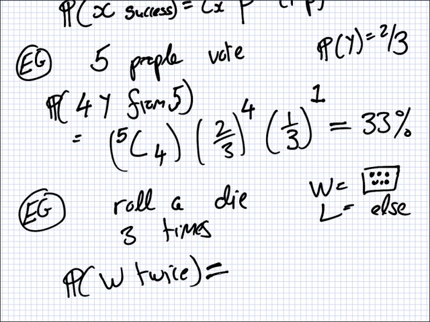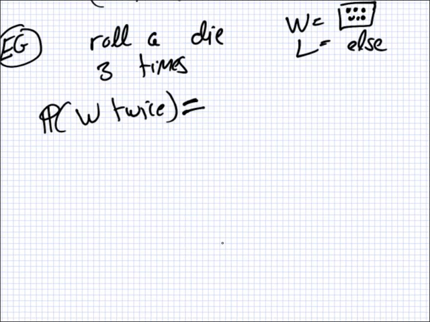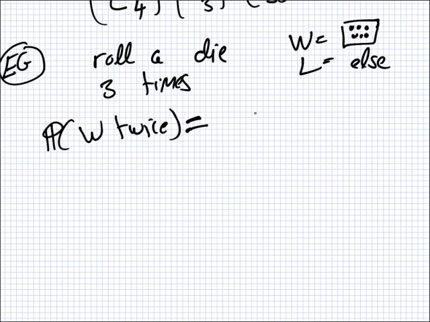Let's calculate. First, I need my C part. So what number goes up here? 3. And down here, 2. 3C2. You have 3 goes, and you want to win twice. Now, what's the probability on any individual go you win? 1 over 6.